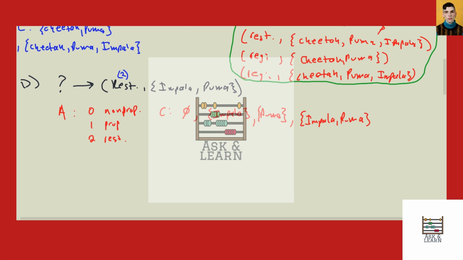So let's go ahead and start. For the first class, we can do non-proprietary, and we can just have the empty set for the class. The reason why we have the empty set here, even though this may not make much sense, is because remember we're talking about the power set of Cheetah, Impala, Puma.